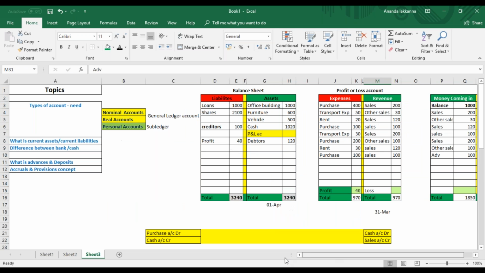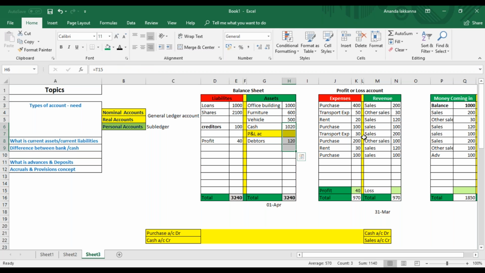And the difference between advances and deposits. Deposits are like long term. When you are renting some building, you have to pay an advance. You don't get any benefits from it. Then your cash is going to reduce, your advance is going to be increased. There is no P&L effect at all for deposits. Only balance sheet to balance sheet.